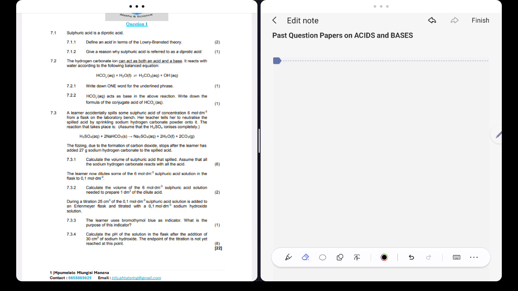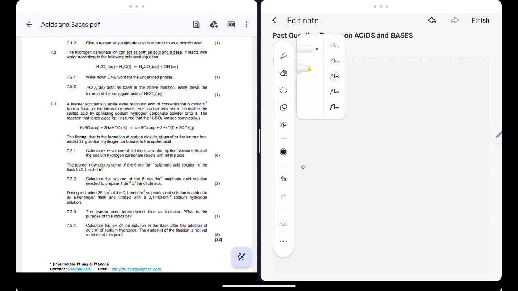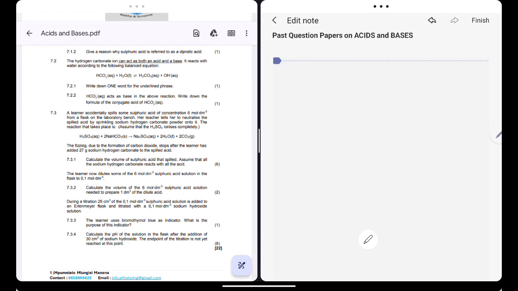Okay, 7.1.2. We are asked to give a reason why sulfuric acid is referred to as a diprotic acid. Why? Because it ionizes in water to give away 2 protons. In this equation, it's H2SO4.